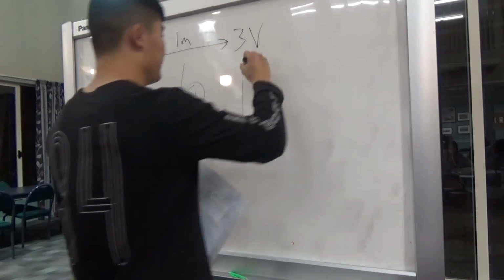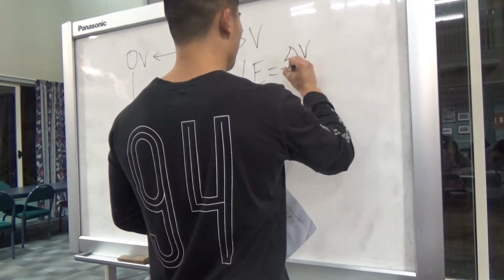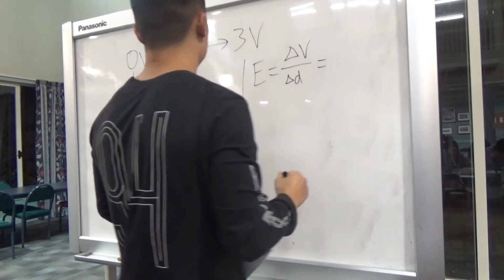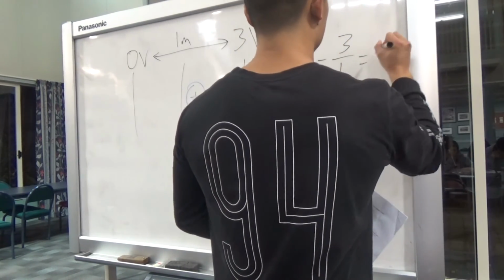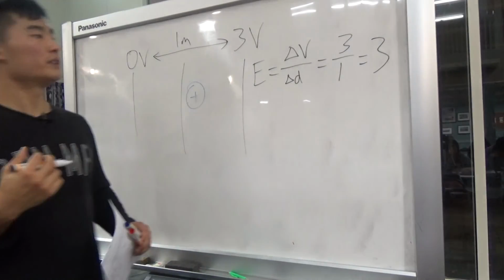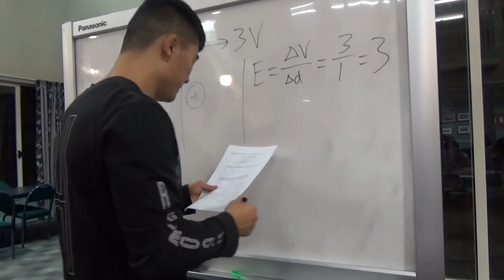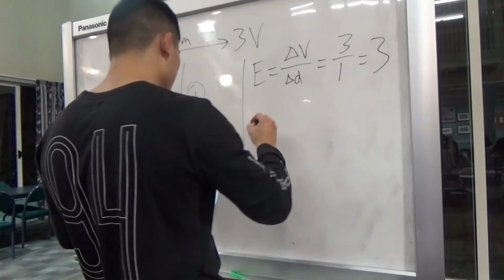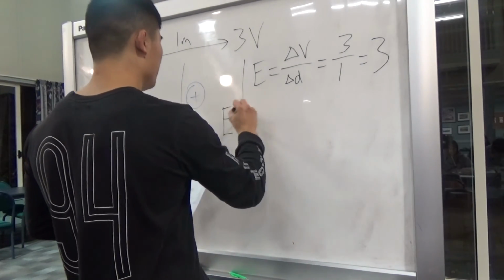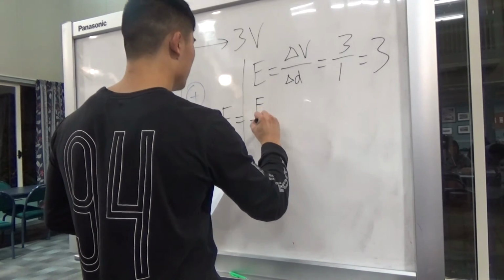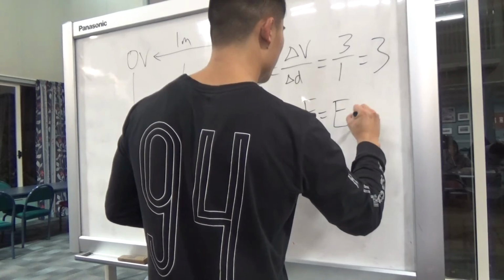So we can figure out the strength of the electric field by using the change in voltage over the change in distance. So the change in voltage is 3 volts over 1 meter. So that's 3. Okay. And then the force, now that we know the electric field strength, we can use E is equal to F over Q, and we can rearrange that for force, which is equal to EQ.